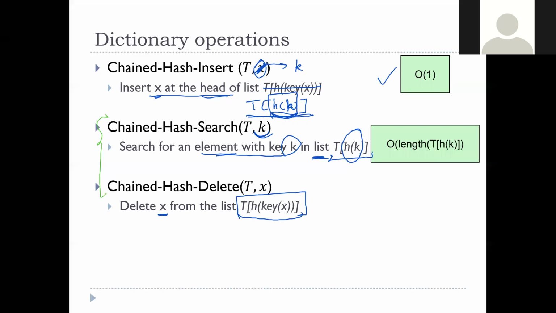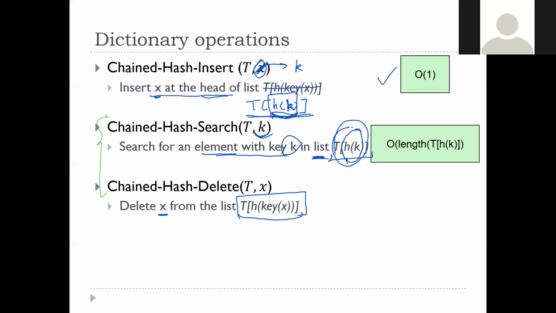But for search, we have to first compute the hash value, constant time, but then we need to search for the element in the list of all the elements mapped to this hash table entry. Suppose we do a linear scan, then the time we spend searching for this element, in the worst case, is proportional to the length of the list of all the elements hashed to that entry.